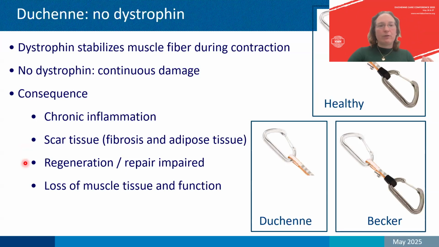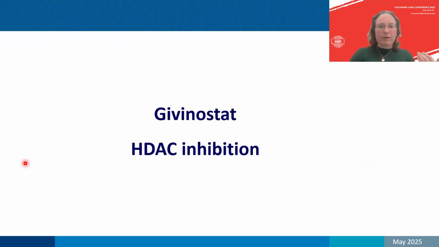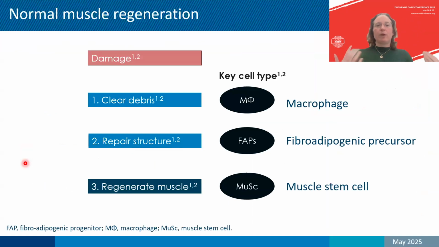So to understand how Givinostat works, we first have to understand a bit how normally our muscles are repaired. When healthy individuals damage the muscle by doing stupid things like exercising too much, going to the gym, and putting in too much effort, there are many different ways that you can damage your muscle. If you're healthy, this is not a problem, because there's a set of processes that will correct for this. First, the debris will be cleared by immune cells, and these cells are called macrophages.